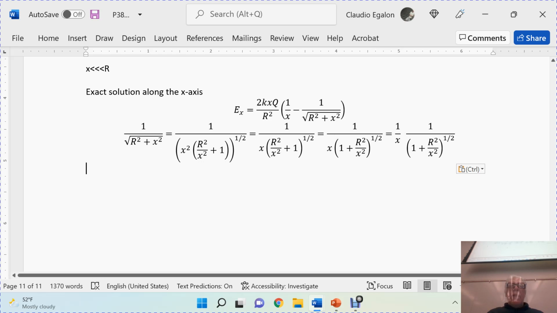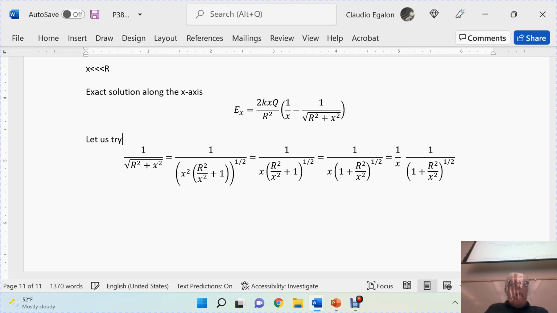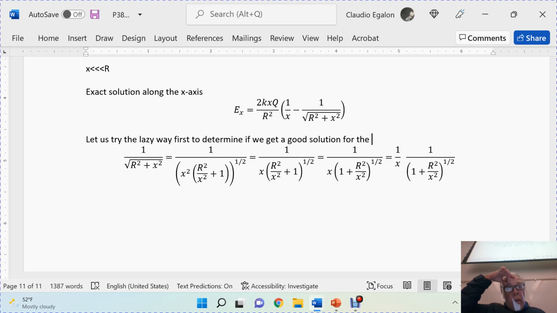Let us try the lazy way first, to determine if we get a good, non-trivial solution for our electric field.